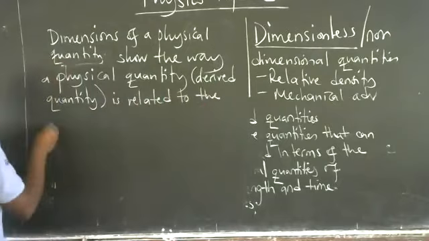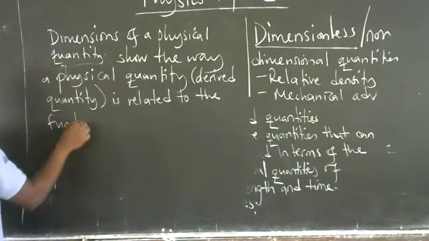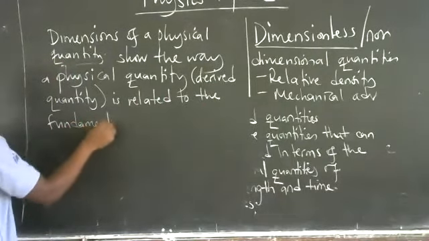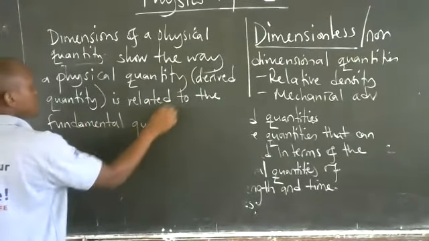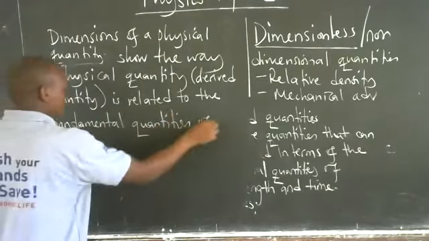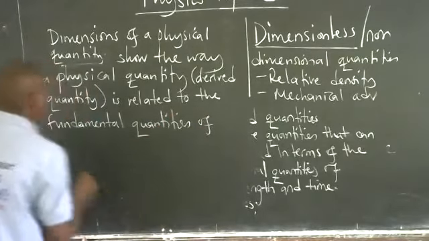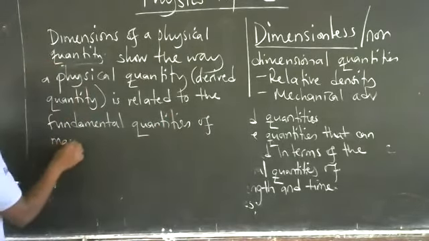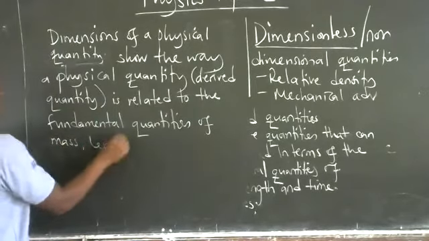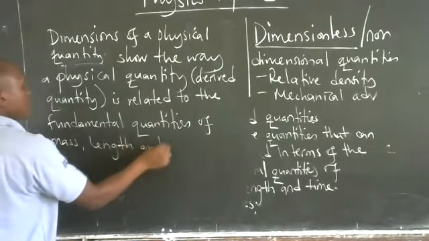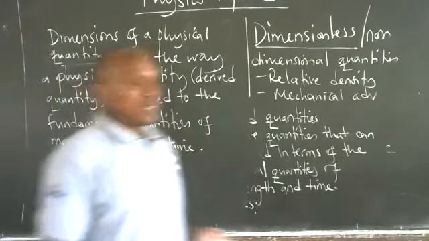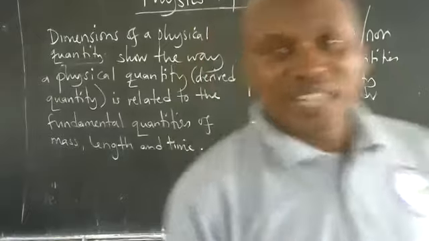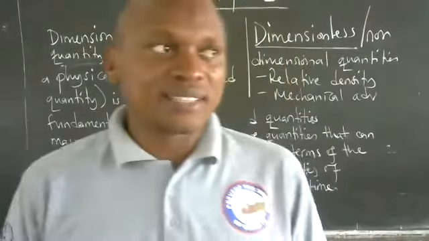to the fundamental quantities of mass, length, and time. Dimensions show the way a derived quantity is related to mass, length, and time.